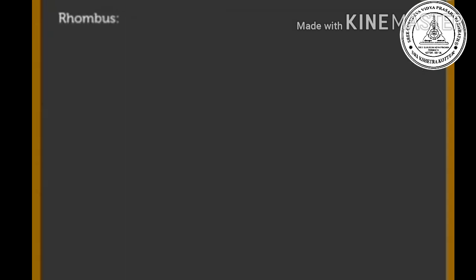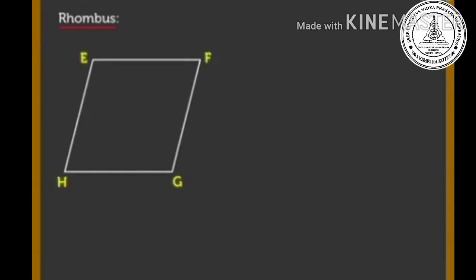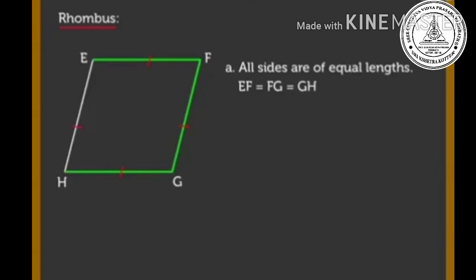Now coming to rhombus. In rhombus EFGH, A. All sides are of equal lengths. That is, EF is equal to FG is equal to GH is equal to EH.